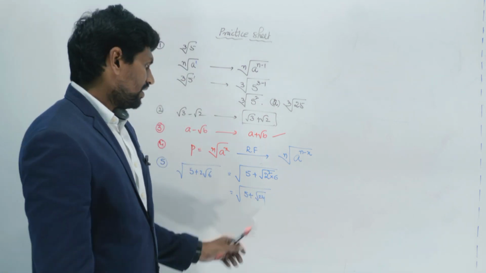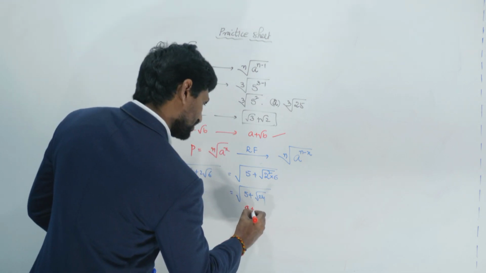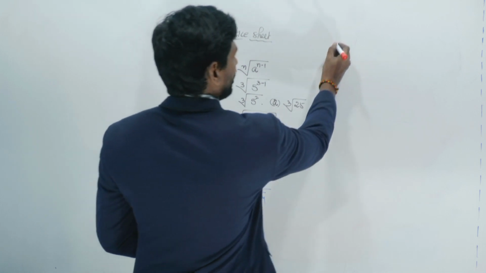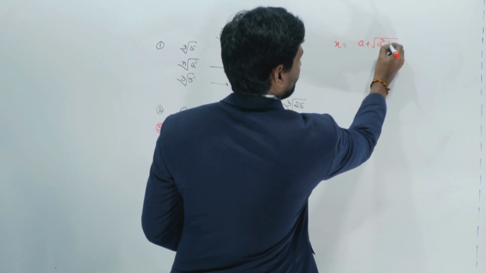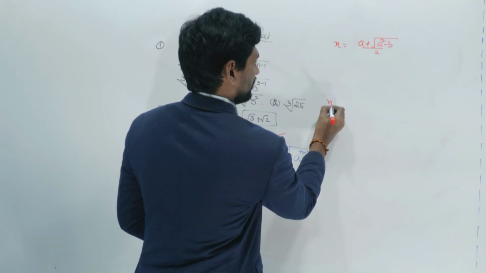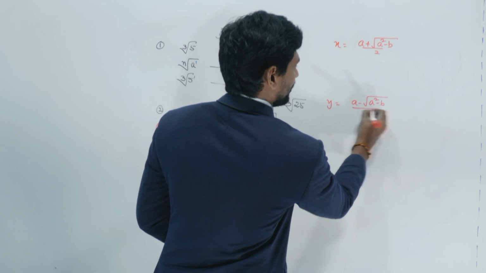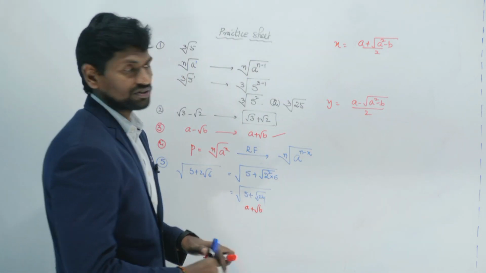Okay? Now let us identify the values; it is in the form of a plus root b. A value is 5, b value is 24. Now x equals the formula (a plus root of a square minus b) by 2. Y is in the formula (a minus root of a square minus b) by 2. Okay? Substitute the values.